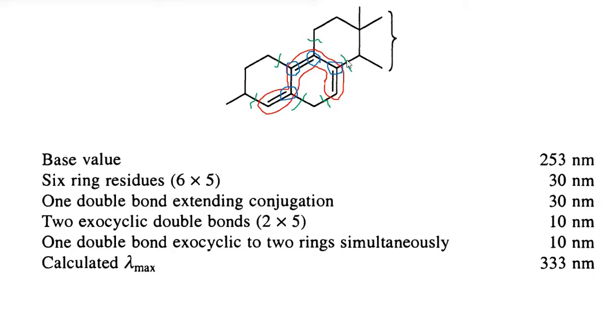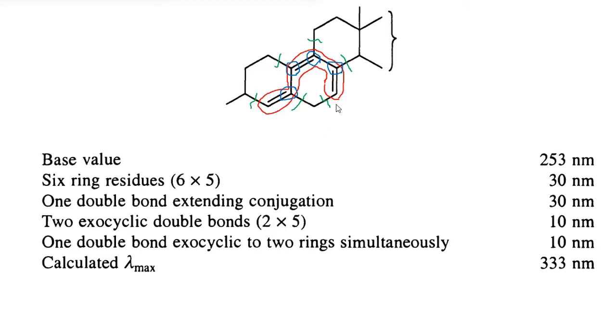It is another ring residue connected to our system, and another, and another. So we have 6 ring residues: 1, 2, 3, 4, 5, and 6. 6 ring residues contribute altogether 30 nanometer in the lambda max value.